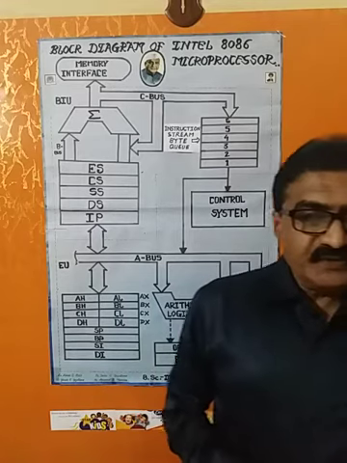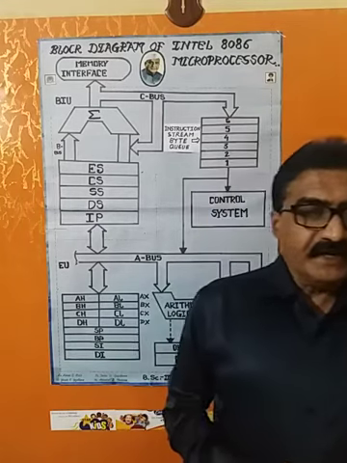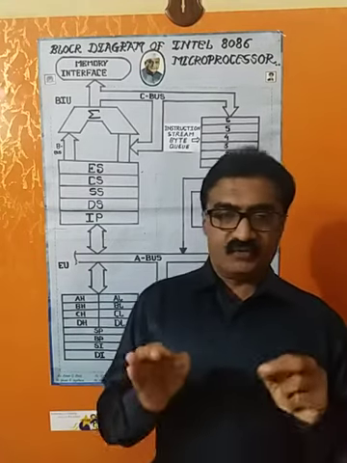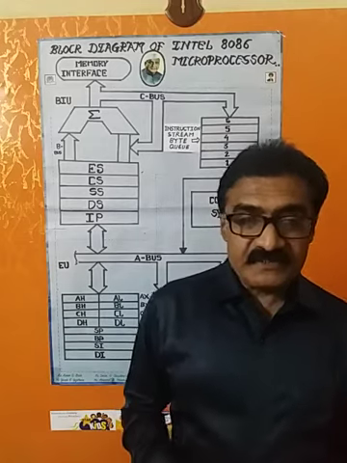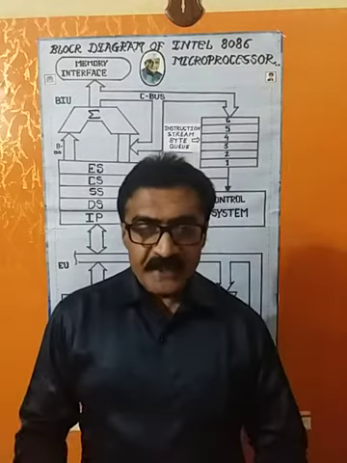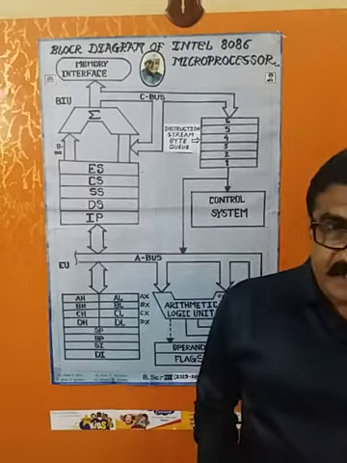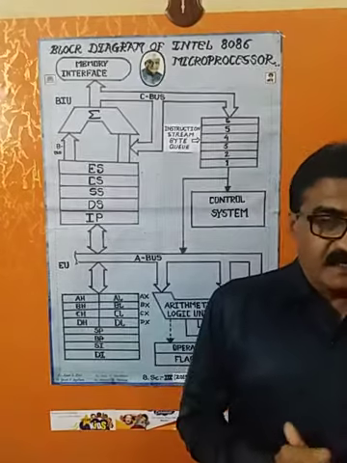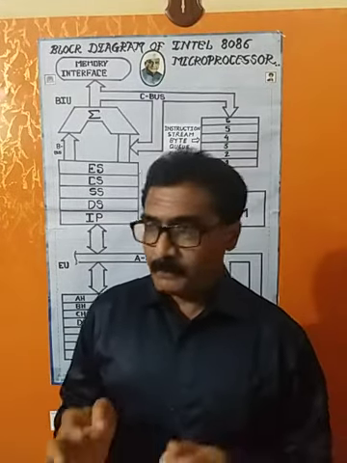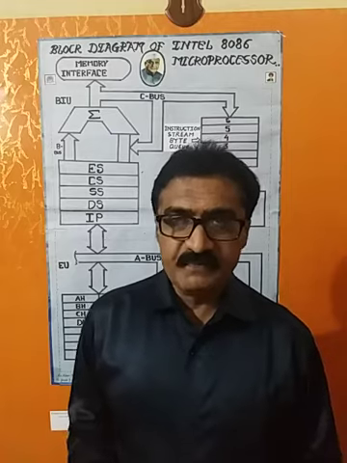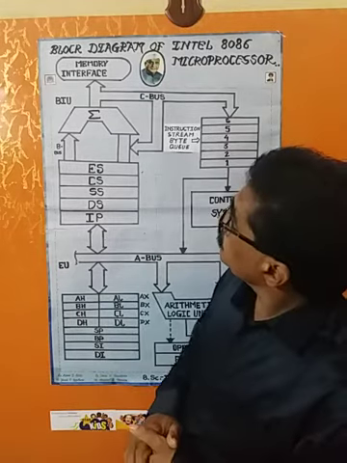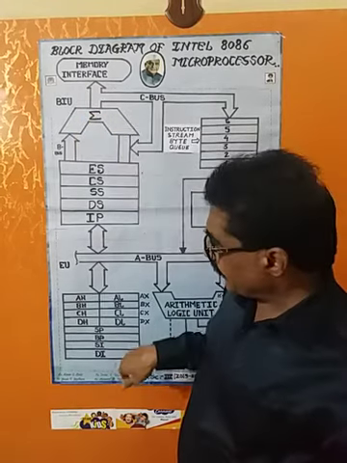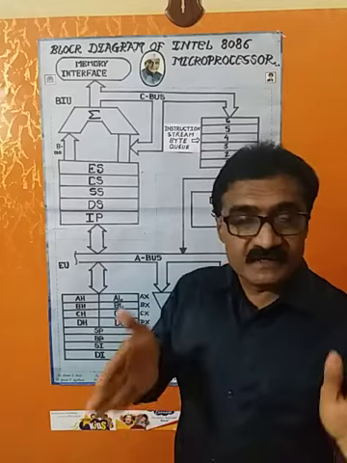While the EU is doing the decoding and execution work, the BIU fetches instruction code from the memory. Thus, there is an overlap between execution of instructions and fetching of instructions. This makes the operation of the CPU faster.